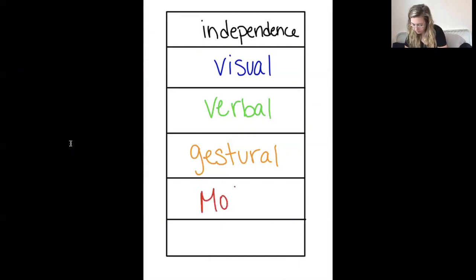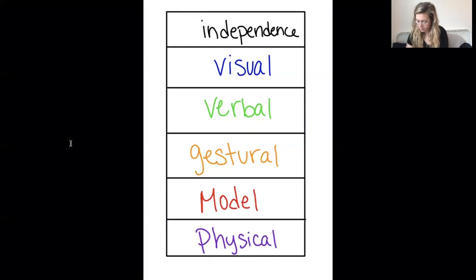Model. And our most intrusive, physical prompts. Obviously, it would first be partial. And then even more intrusive is your full physical prompt.